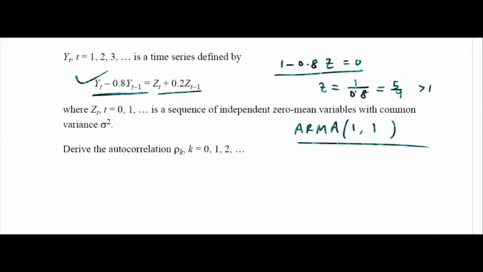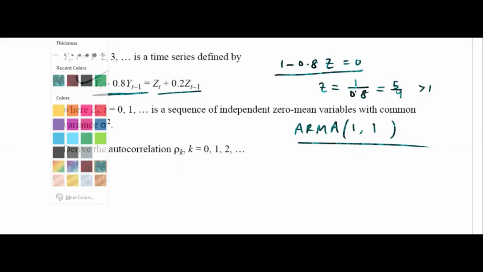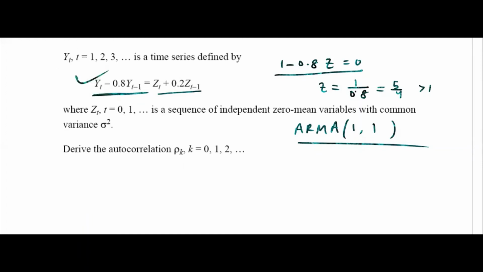Going forward, we'll take real world data, write it in the form of an ARMA process, and forecast. Invertibility has something, I'll go to that later maybe. Invertibility is not required when you apply and forecast. For uniqueness it's required.